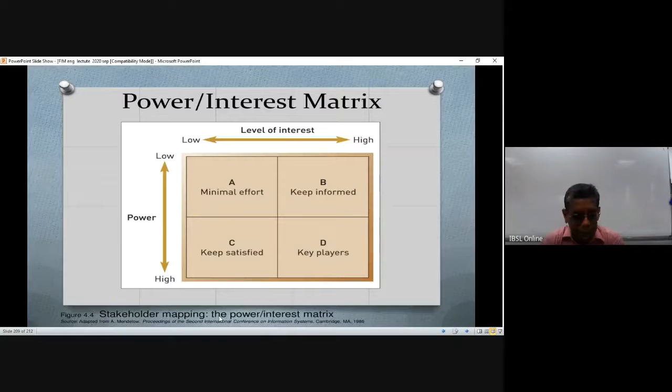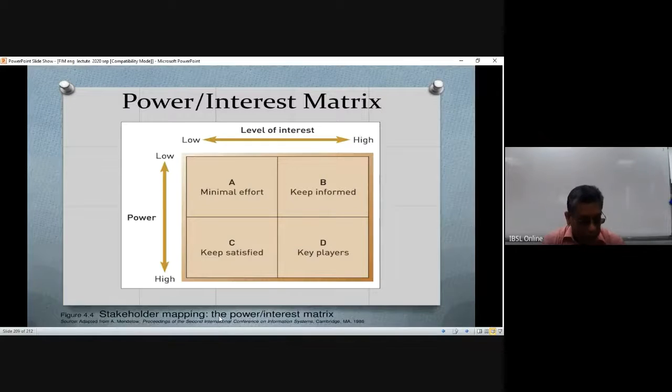Now look at the second group, keep informed. Their power is somewhat limited; they have a high level of interest in the strategy but lack sufficient power to influence it. You need to understand who those people are.